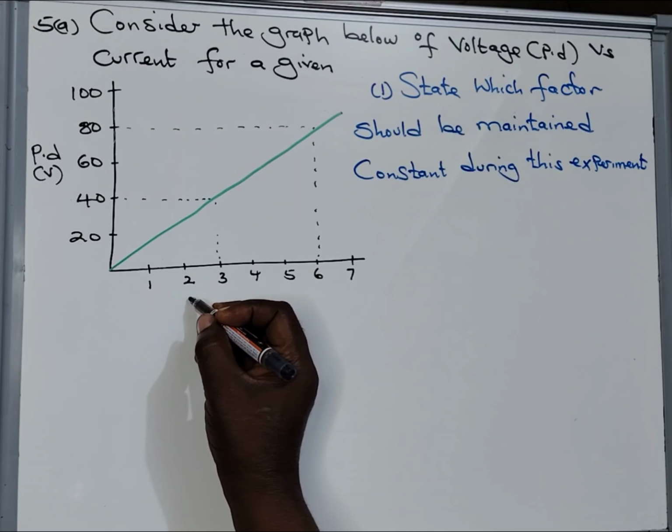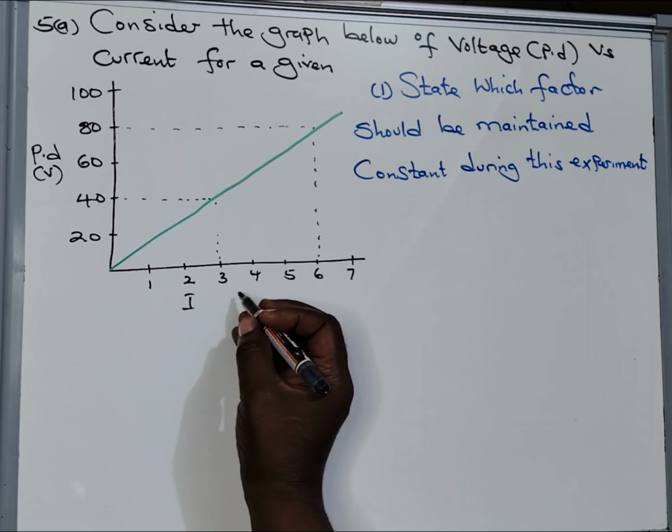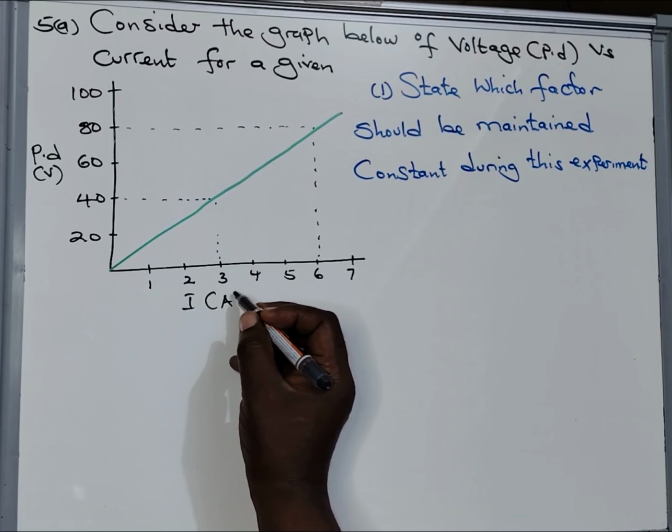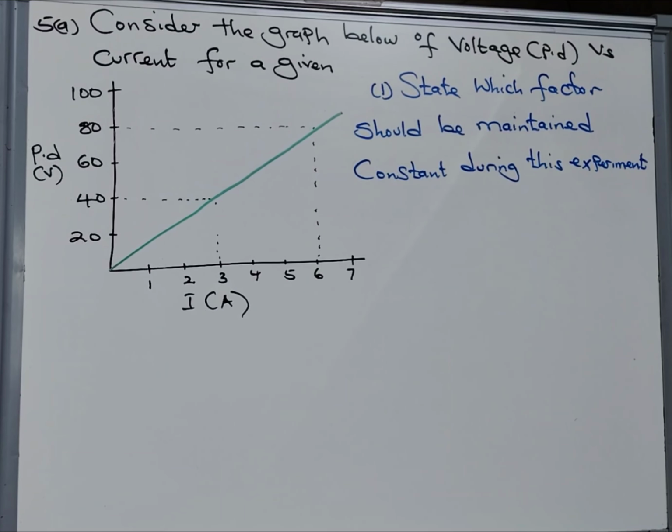The question says, consider the graph below of voltage or PD versus current for a given wire.